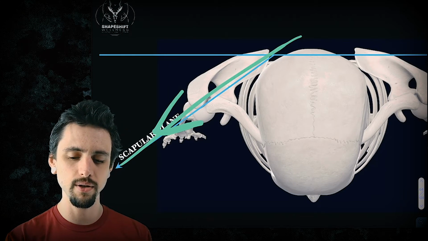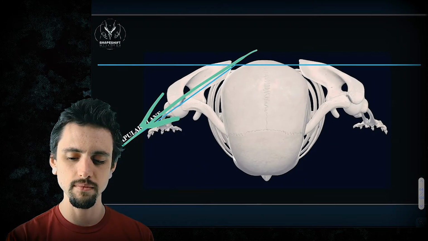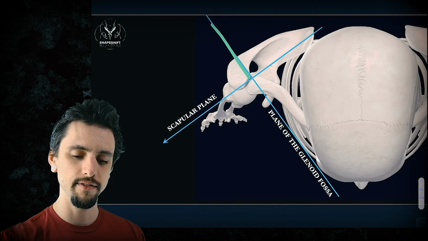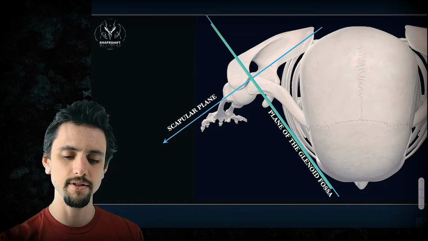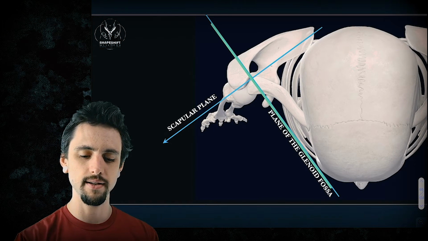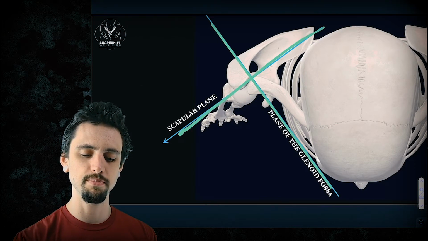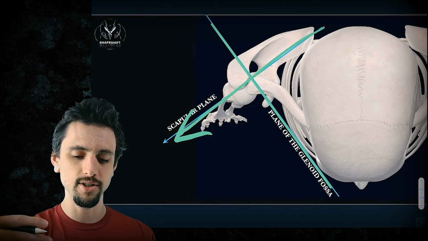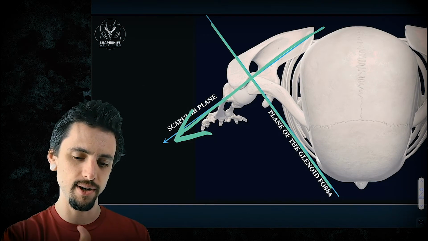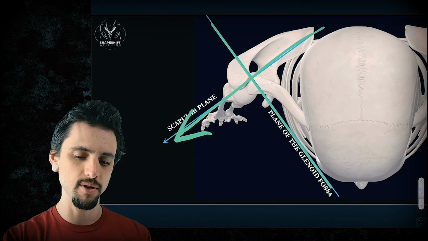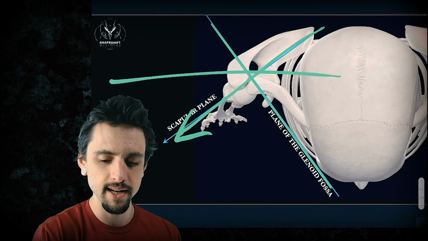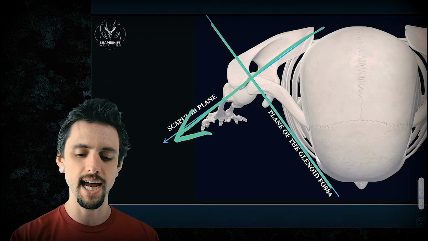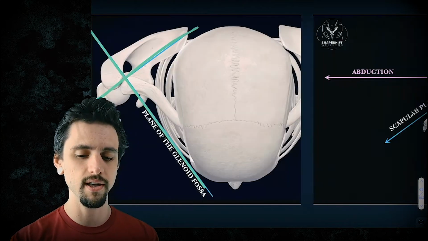Let's take a closer look at that. Here I've got the plane of the glenoid fossa, which is exactly this direction, and then the scapular plane, which is just perpendicular to it. So it's just the direction that the glenoid is facing. It's not facing straight out to the side, and it's not facing straight forward. It's facing at a diagonal.